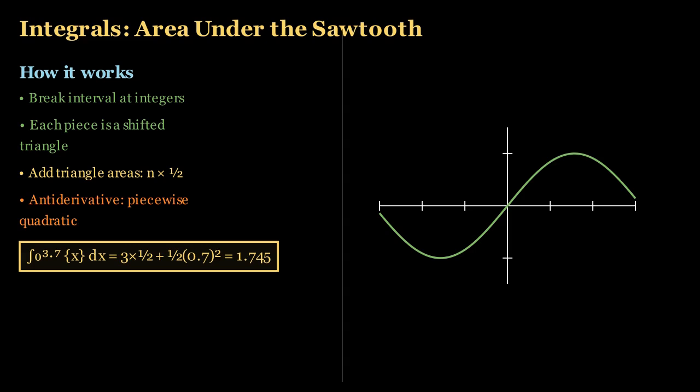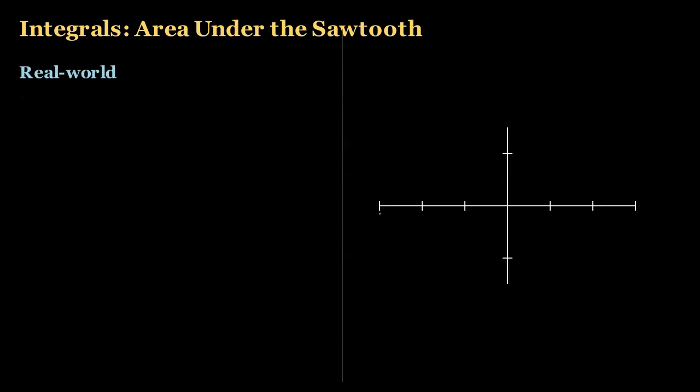Let's solve a concrete problem. A cutting tool's depth follows the fractional part function, 1 unit deep per cycle. After 4.3 cycles, how much total material has been removed? The area under the graph is the total cut. The 4 full cycles each contribute an area of 1/2, so that's 2 square units. The remaining 0.3 of a cycle is a tiny right triangle with base 0.3 and height 0.3.